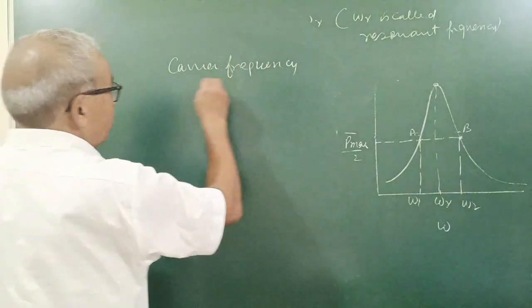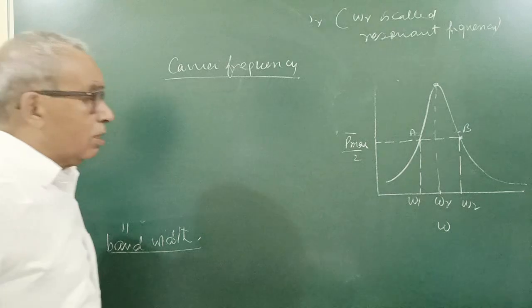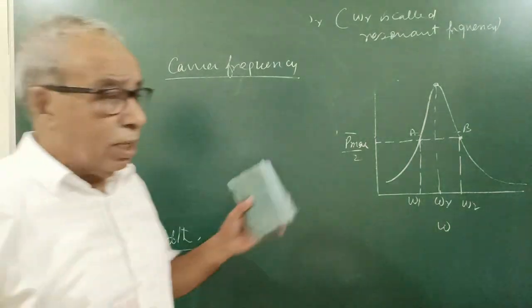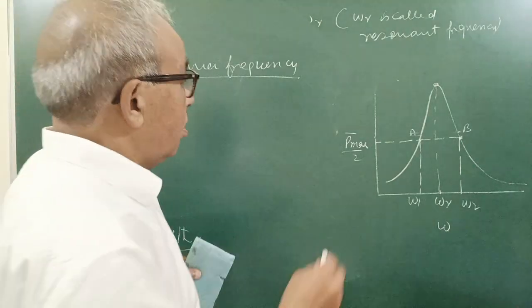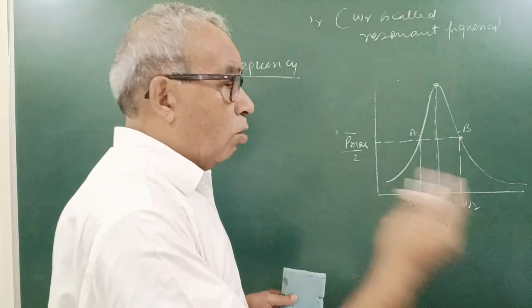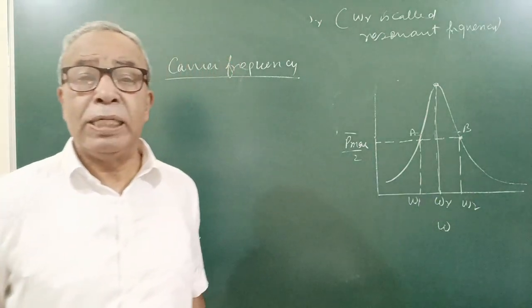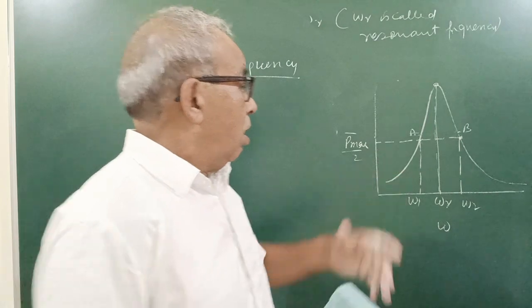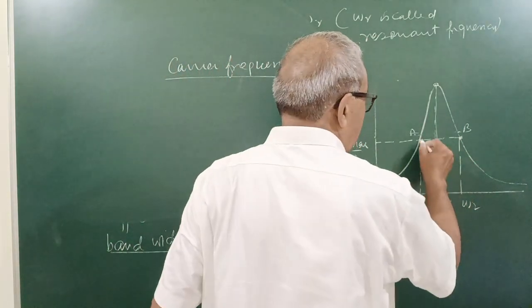Actually, this topic has been deleted from the syllabus, that's why there is a problem. Around the carrier frequency, some lower and higher frequencies will be possessed by the signal, and those vary within this range.